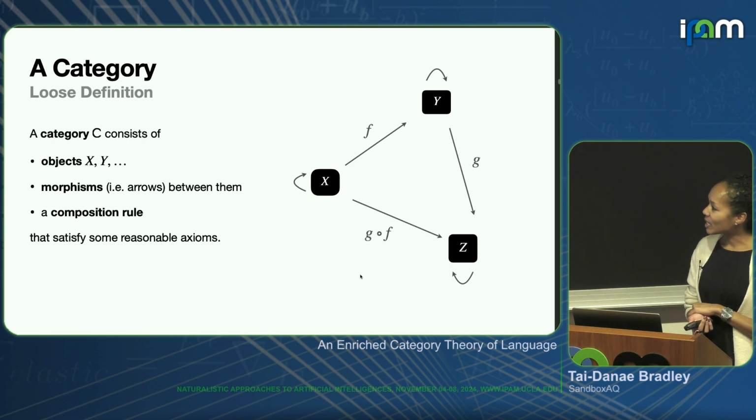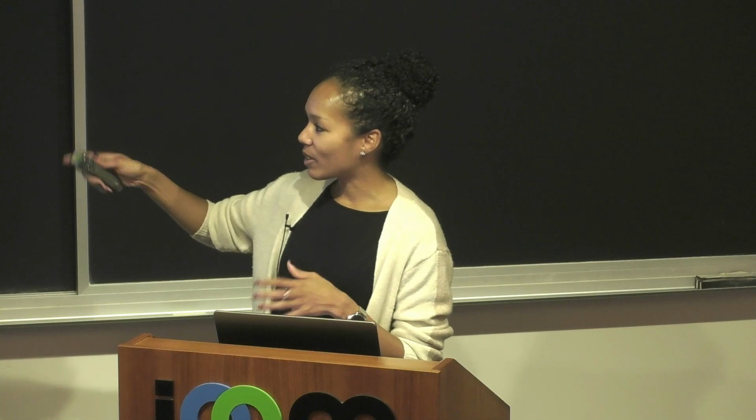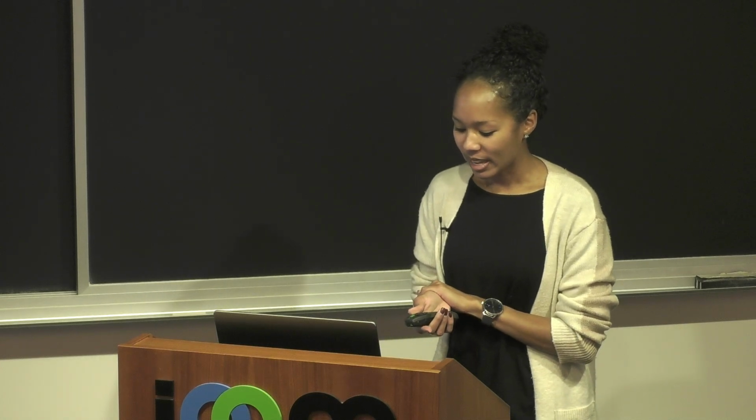So if F is a morphism from X to Y and G goes from Y to Z, then I can compose them. There's a third arrow, namely their composition. And you ask that these things satisfy some reasonable axioms, which I'm not going to get into, but these are the basic ingredients that I want to focus on.